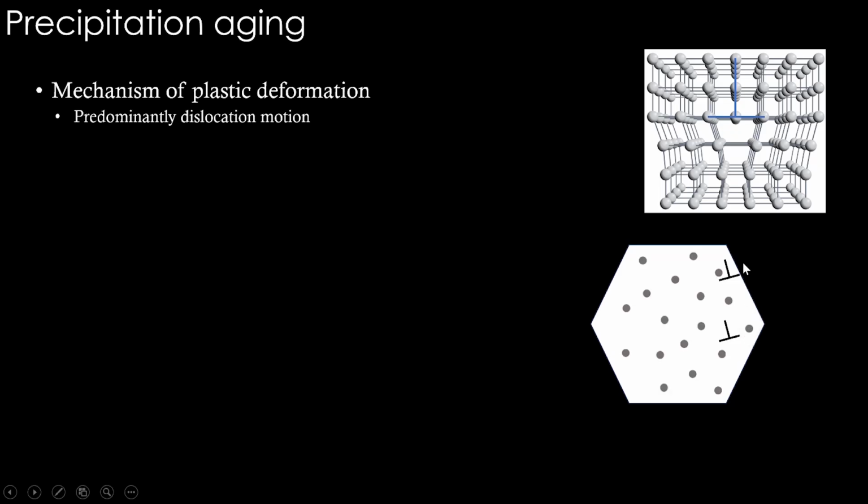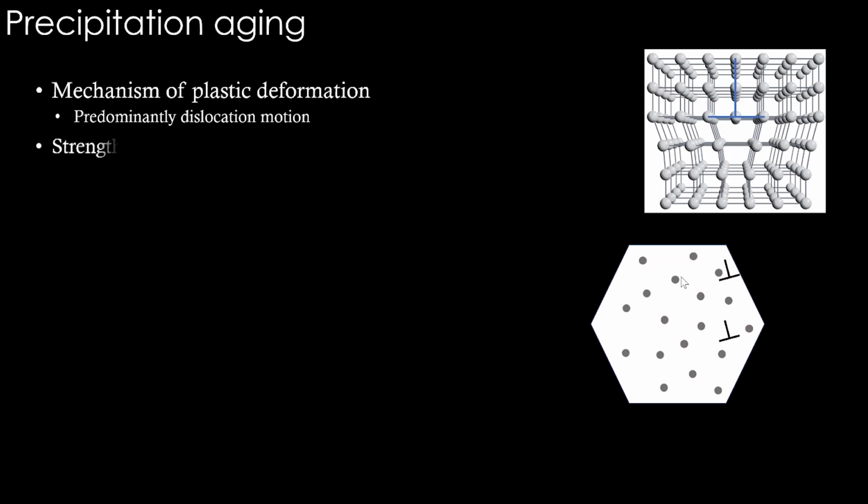Then there are no clean areas for the dislocations to move. Wherever dislocation moves, easily it will meet a precipitate particle and it will stop. So this fine uniform distribution of the second phase, we call them precipitates, is one of the effective methods to strengthen the material or block the dislocation.